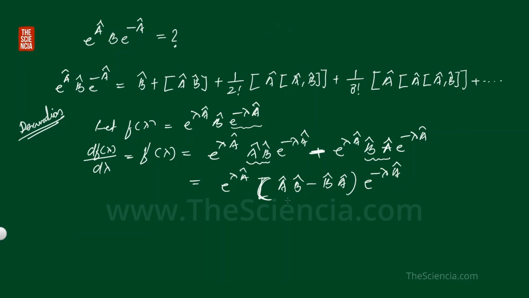See, what is this ab minus ba? We can represent this as a commutator ab, right? So f dash of lambda is equal to e raised to lambda a into commutator ab into e raised to minus lambda a cap.